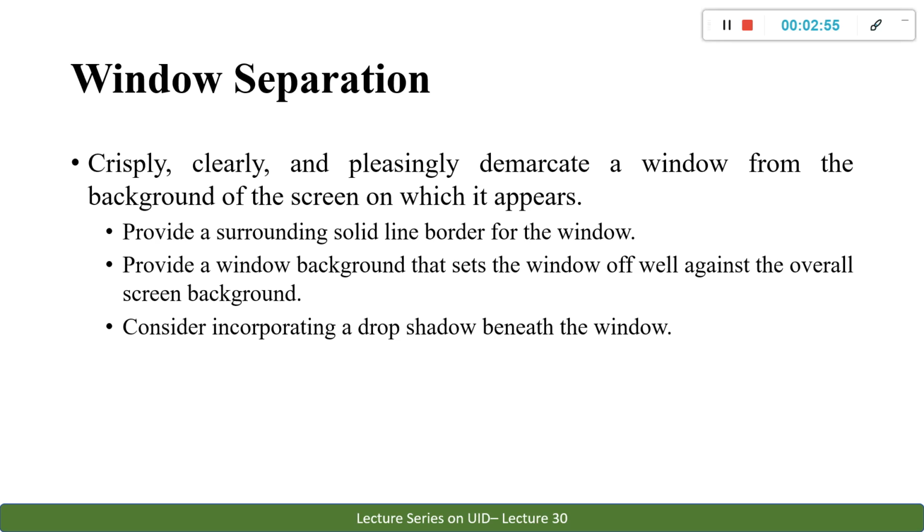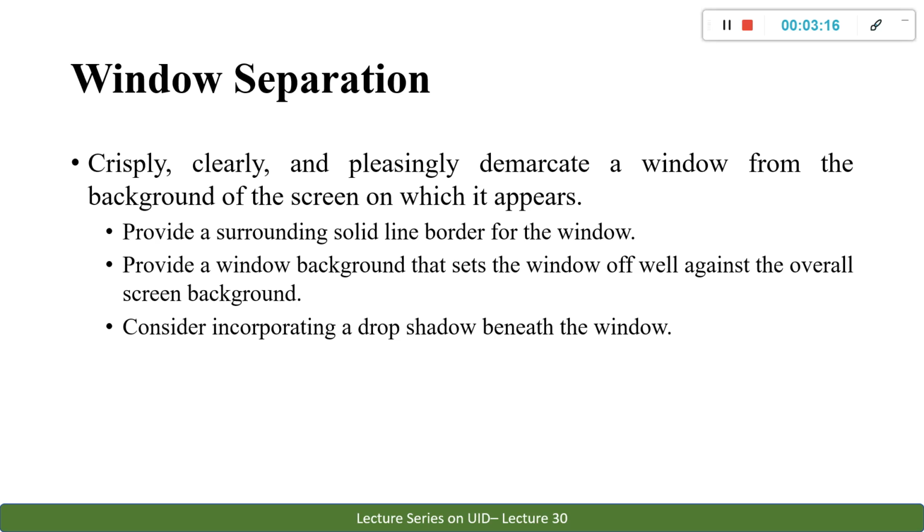When you're trying to do that, we prefer a clear, crisp, pleasing, differentiating window. You need to demarcate where the window is, which is the foreground window and which is the background window.